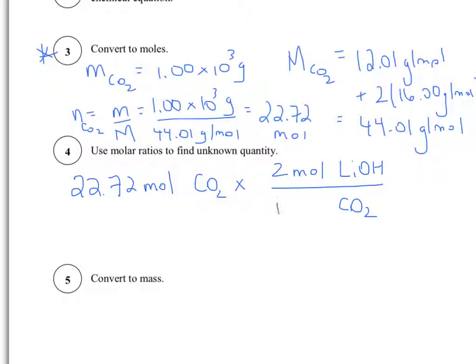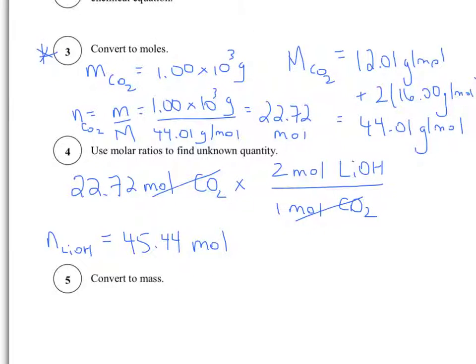My CO2 goes on the bottom, which is 1 mole. So my moles of CO2 cancel, and in the end I get 45.44 moles. Okay? And this is moles of LiOH.